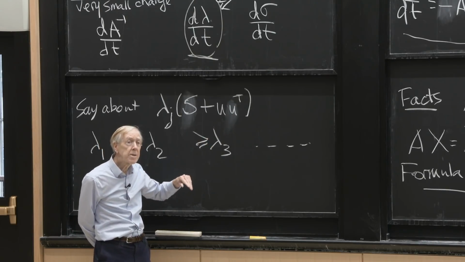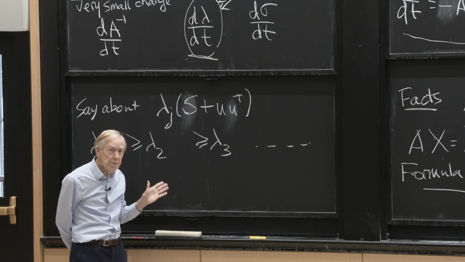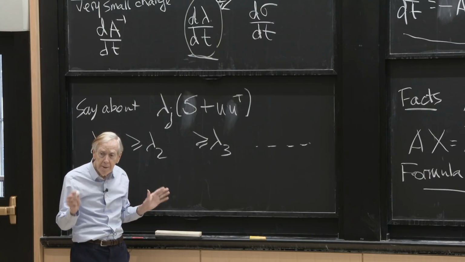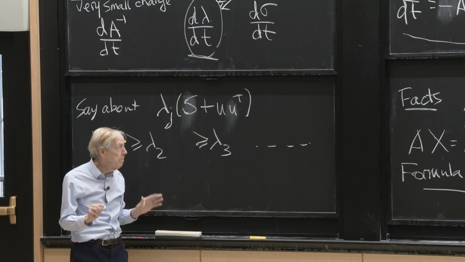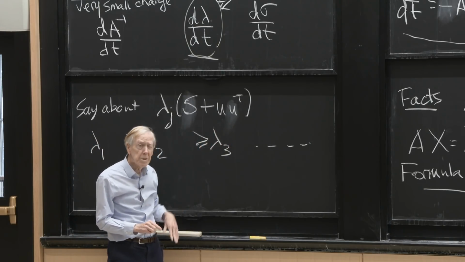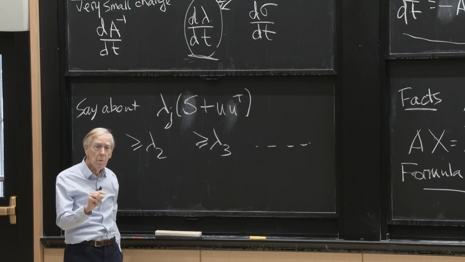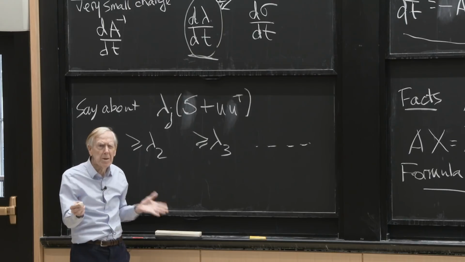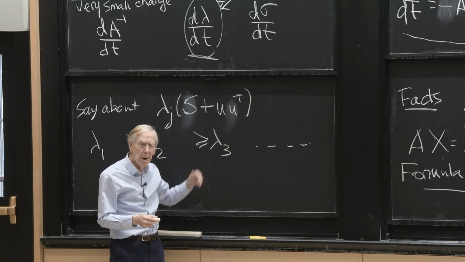It's symmetric, of course, and it is positive semi-definite. This is a positive change. UU transpose is the typical rank 1 positive semi-definite. It couldn't be positive definite because it's only got rank 1.